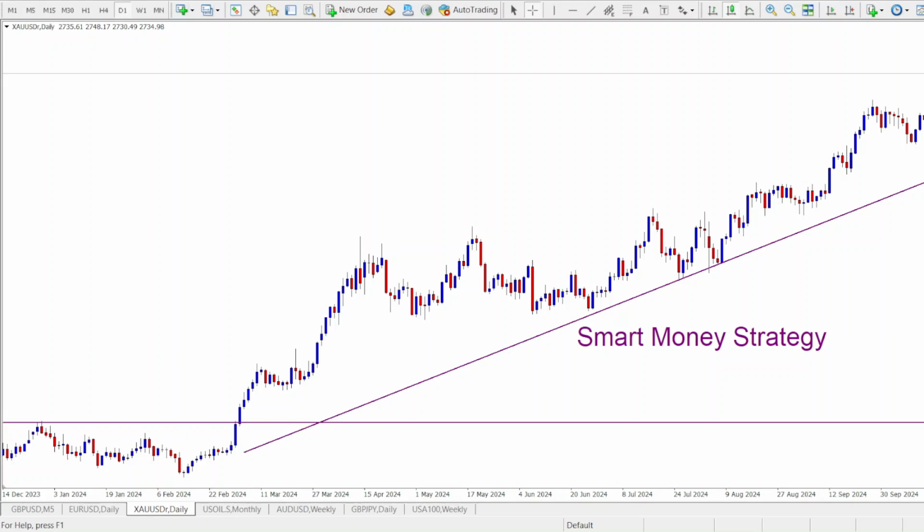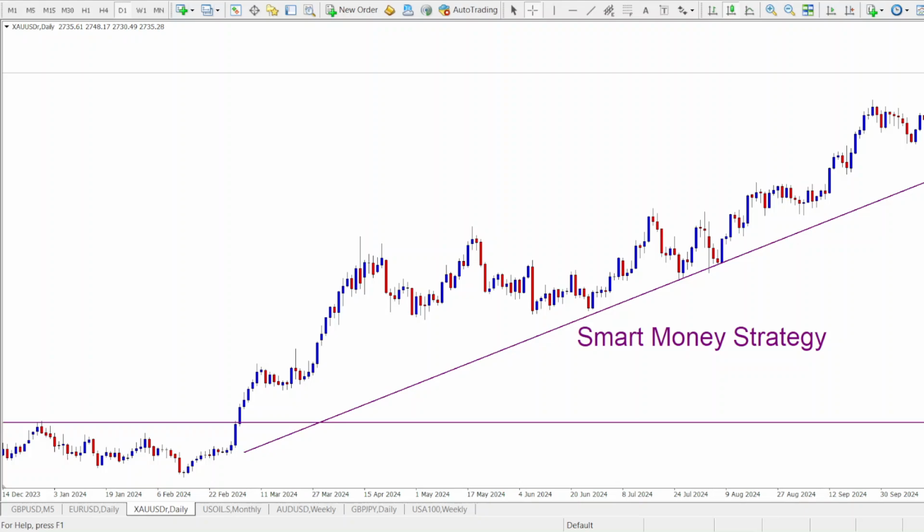Even if the retest does not exactly touch the breakout point, at least it should get close to the breakout point before a continuation in the direction of the breakout. So that's one of the ways to validate a breakout. So it's important that you watch out for fake outs and avoid them.